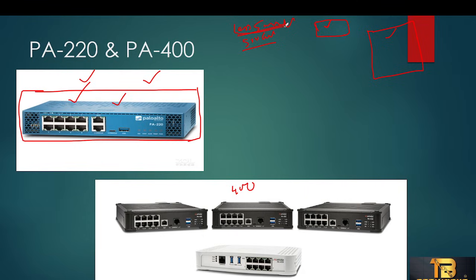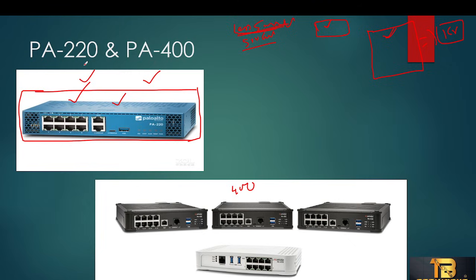If small-scale companies want to buy big firewalls, the cost will be in lakhs, 30 or 40 lakhs, and it can even go up to 1 crore. That will be a burden on the company's revenue.